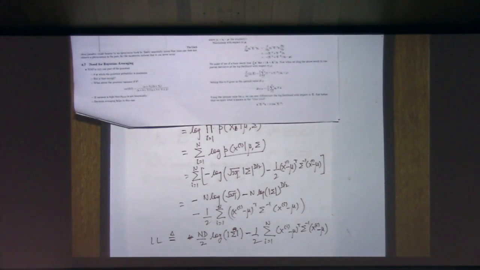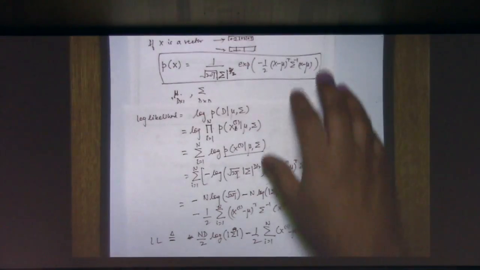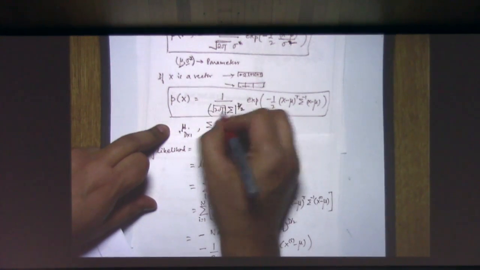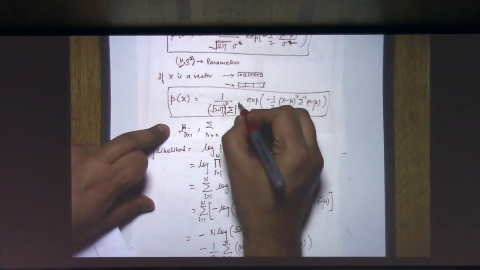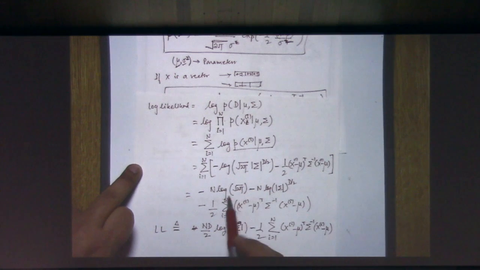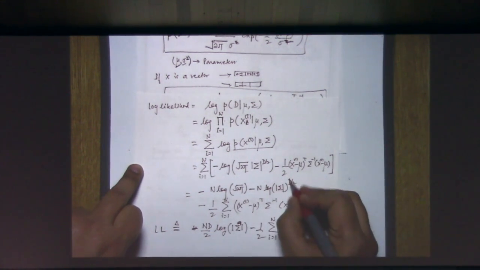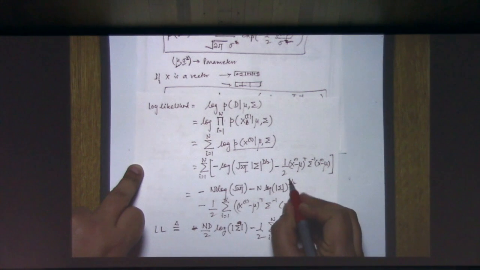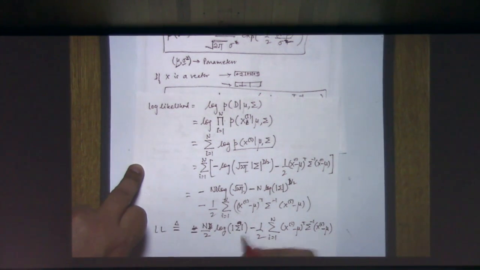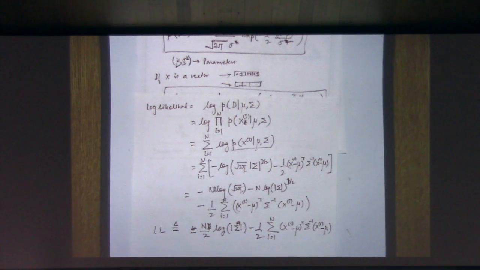I'm a little confused. I think I wrote this expression a little wrong. It's actually, this part is 2 pi raised to d, and this is just half. Sorry about that. Which means that here, this is just half, okay? And this is nd log. But since this disappears, we just write n by 2 log of this thing minus half of this.